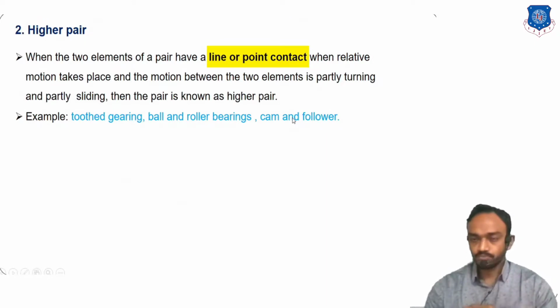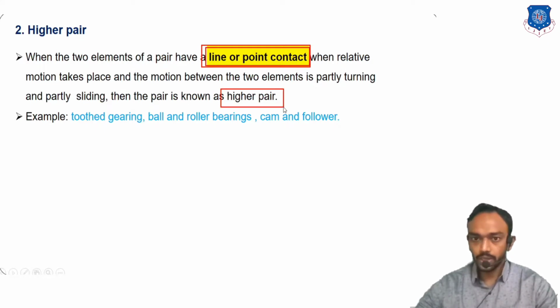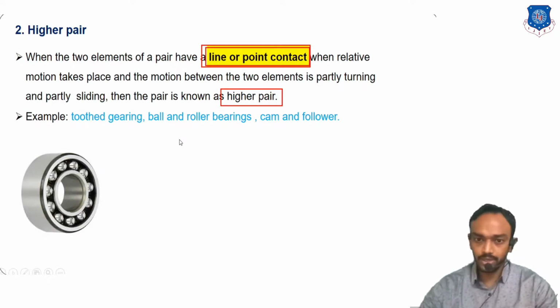Let's start. The second criteria in contact is a higher pair. If two elements of a pair have a line or point contact between them, then it is known as a higher pair. So you can see the examples of that. Means ball bearing: if you put a ball on any table, what will happen?